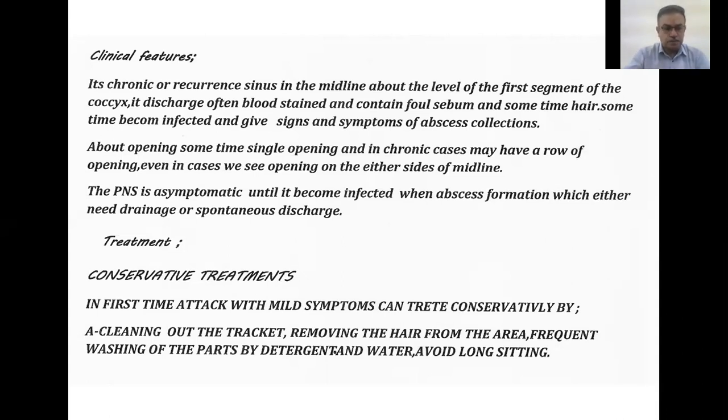Regarding openings, sometimes there is a single opening, and in chronic cases there may be a row of openings, even on either side of the midline. The pilonidal sinus is asymptomatic until it becomes infected with abscess formation, which either needs drainage or spontaneous discharge.